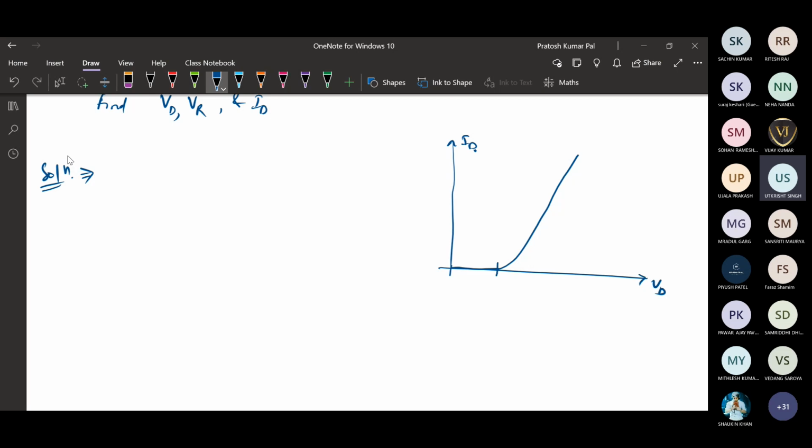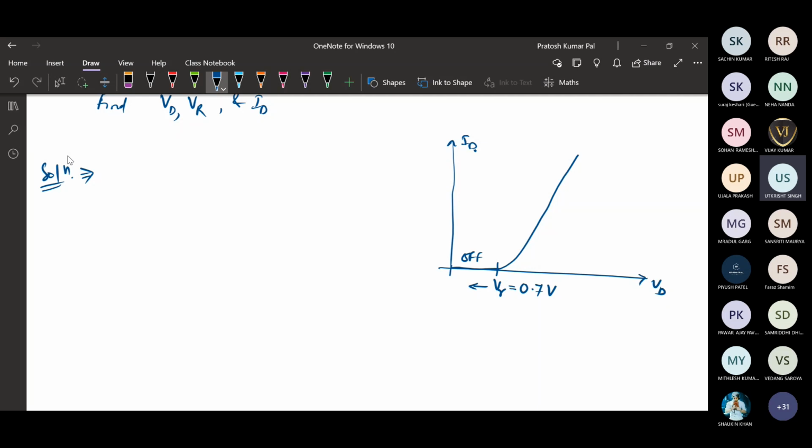But there is a point called the knee voltage. In case of a silicon diode, it will be 0.7 volt. If we are applying a diode voltage that is less than 0.7 volt, then the diode will be in forward bias, but it will be in the off state.